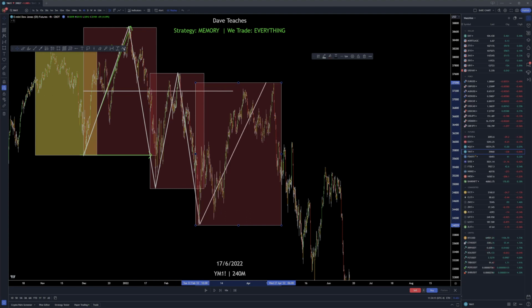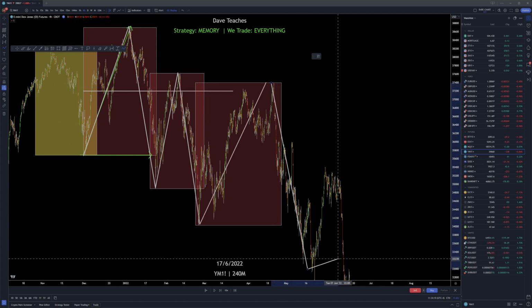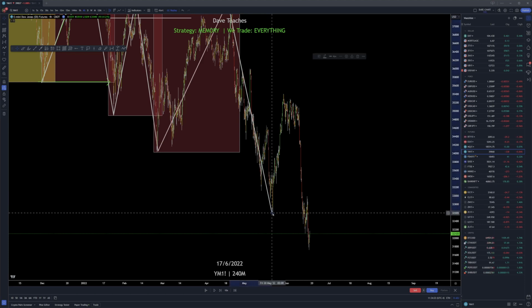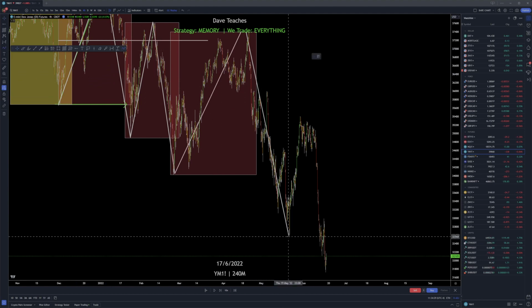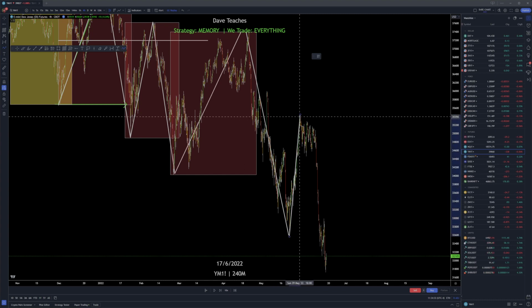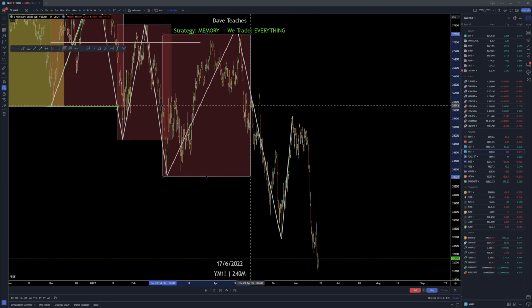So now we have this low, this high, sorry, into the low below here, right? Into this low, right? So what we end up having is now price trades back up into that range, back up into that previous range.